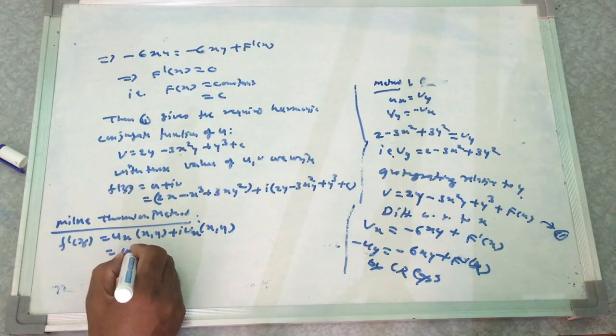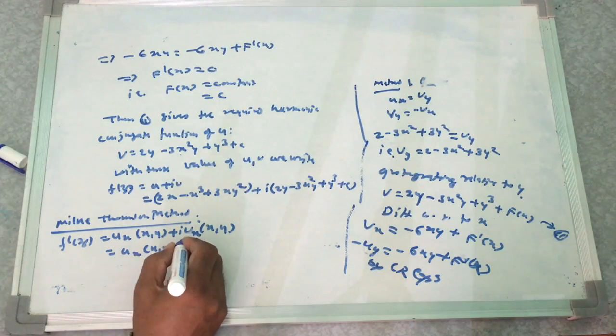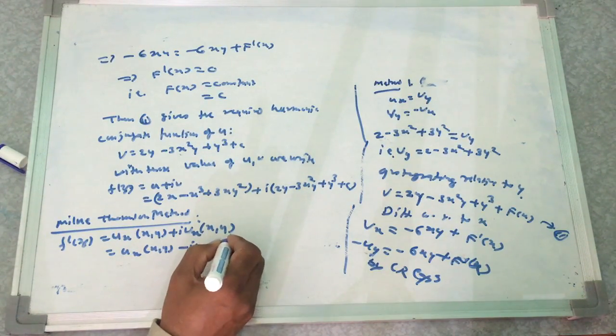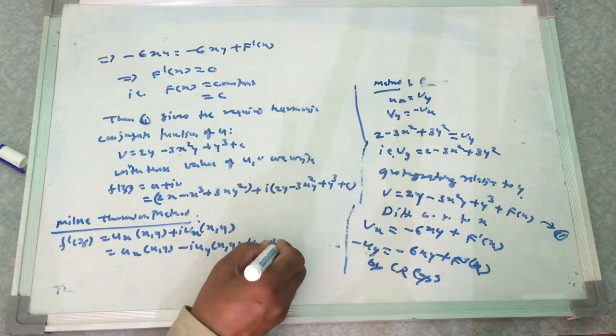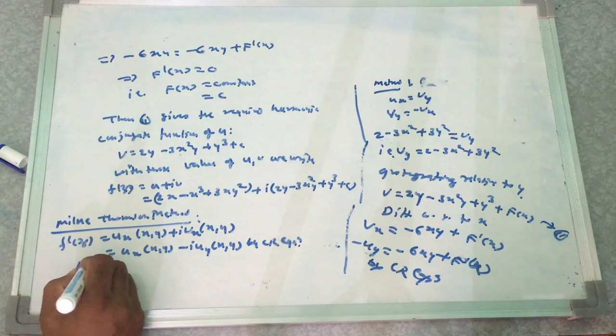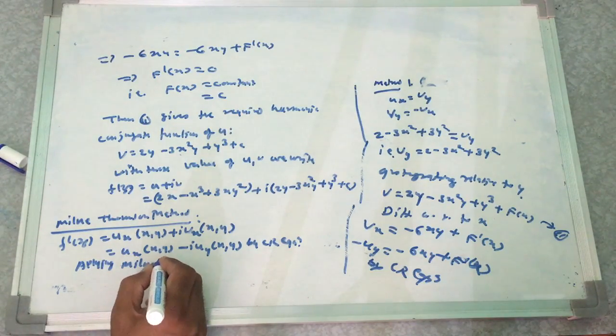This is equal to u_x(x,y) minus i u_y(x,y) by CR equations, applying Milne-Thomson method.